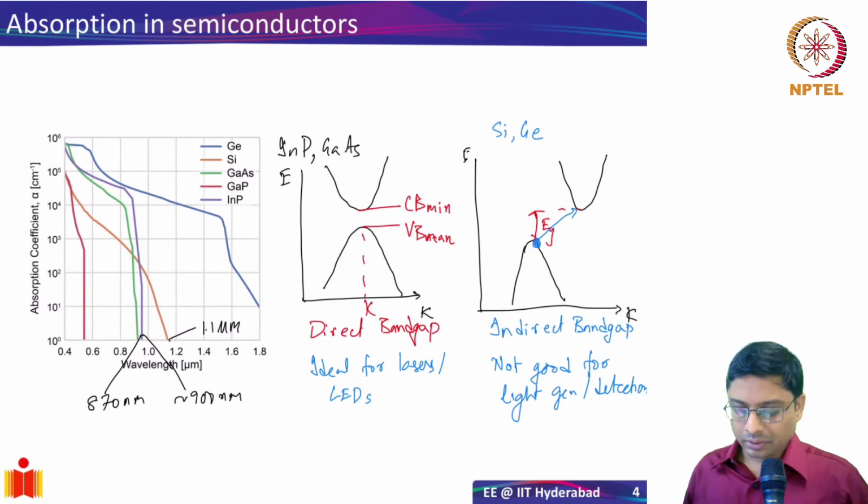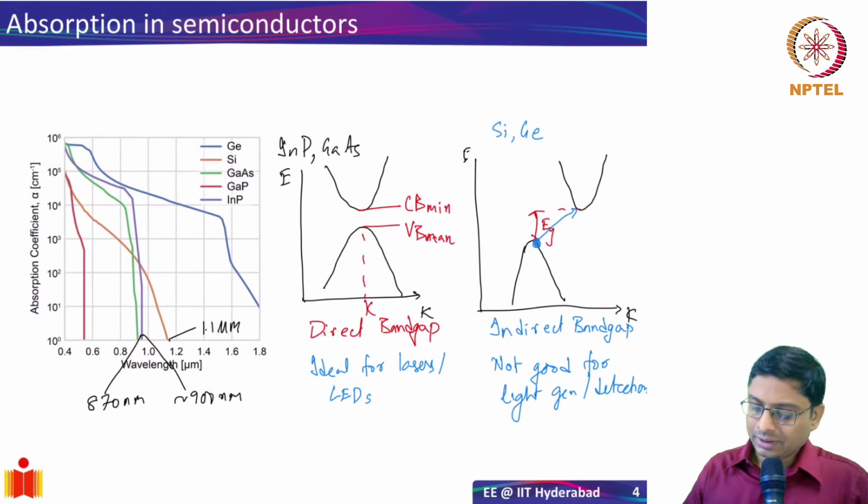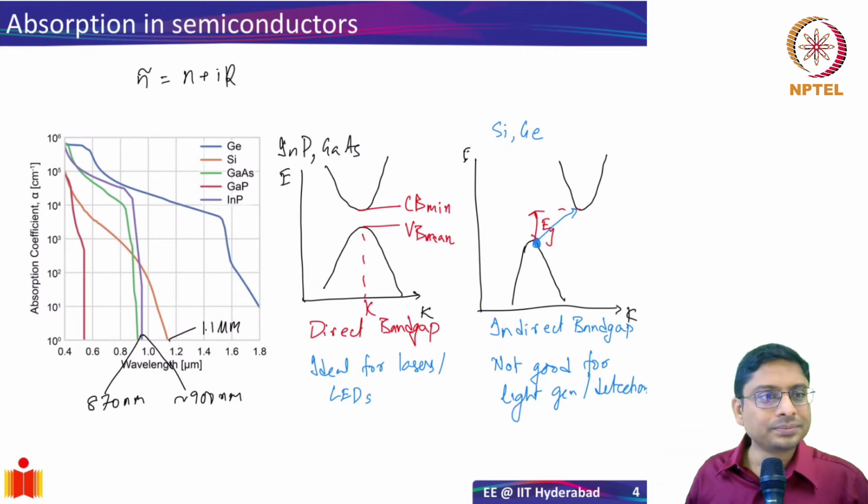I also want you to remember that we said the refractive index is a complex quantity given by N and K. But this is not a fixed number. We usually tend to think the refractive index of glass is 1.5.